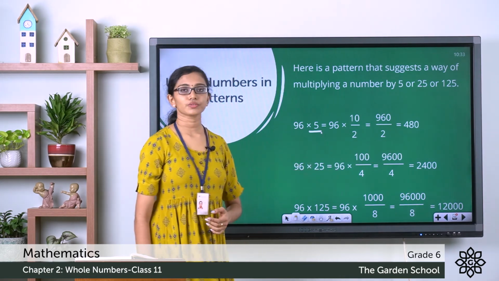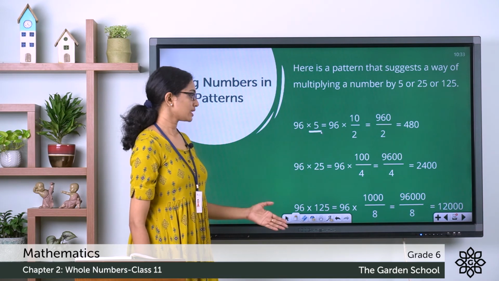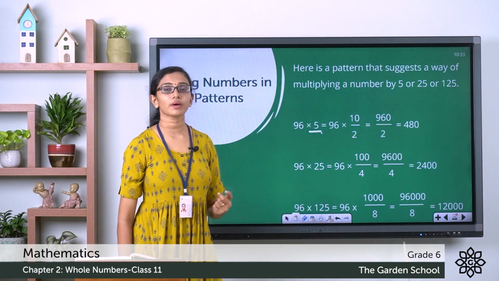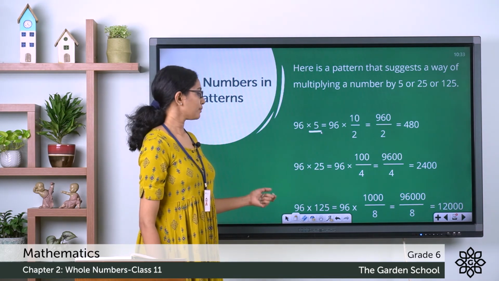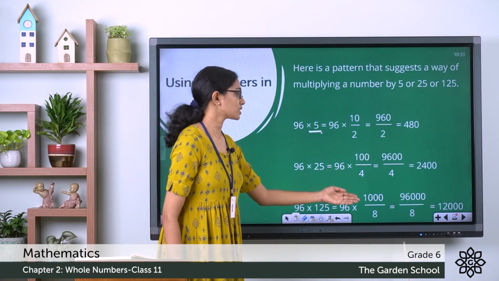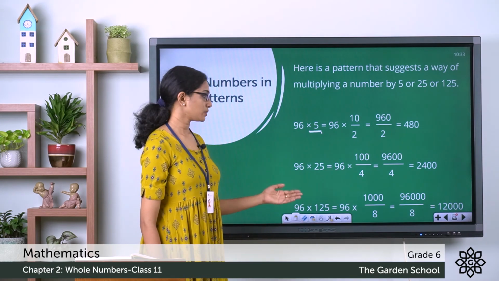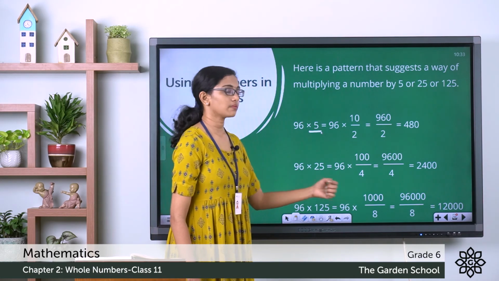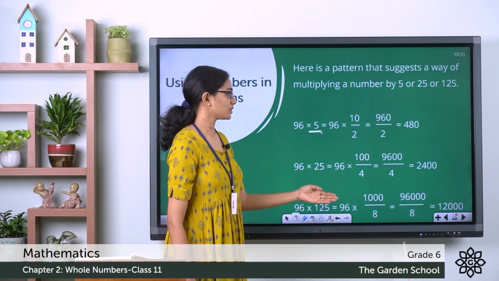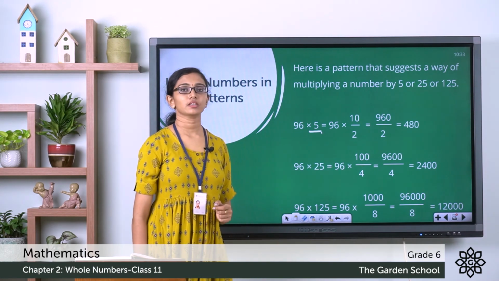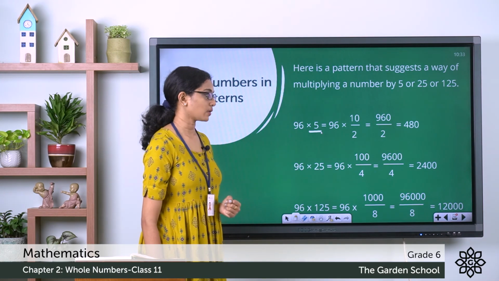That is equal to 2400. Just like that, if I am using 125 in the multiplication, I am going to replace it with 1000 divided by 8. So it will be 96 into 1000 divided by 8. That is equal to 96,000 divided by 8, which gives you the answer 12,000.